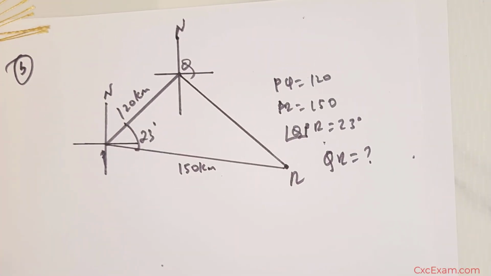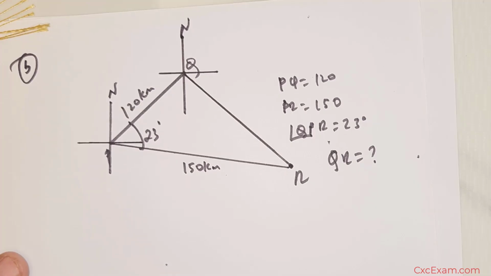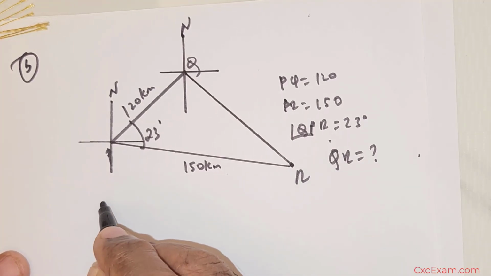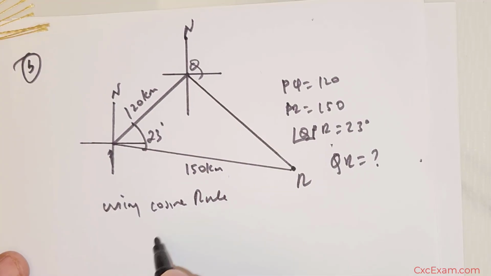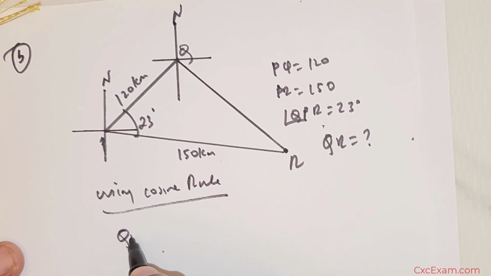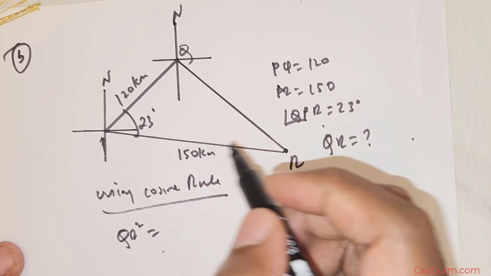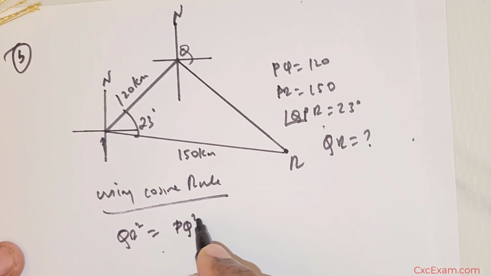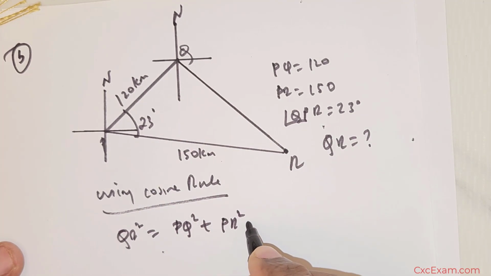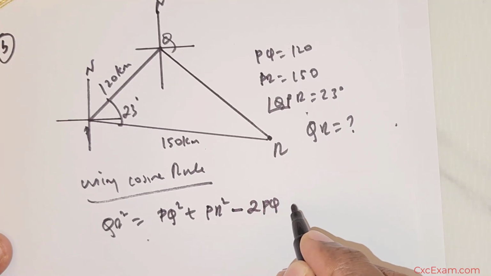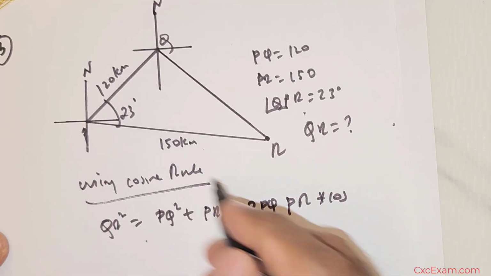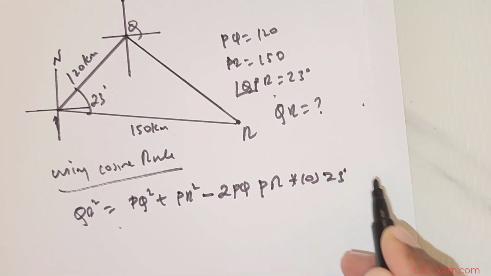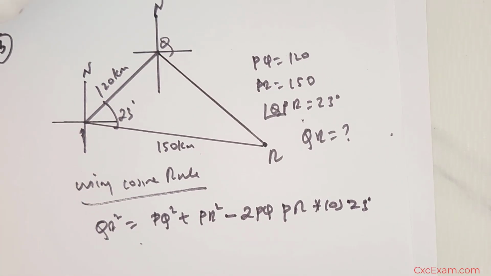I will utilize the cosine rule to get QR. So that is going to be QR squared is equal to PQ squared plus PR squared minus 2 times PQ times PR times cos of the angle, cos 23. You can use your calculator.